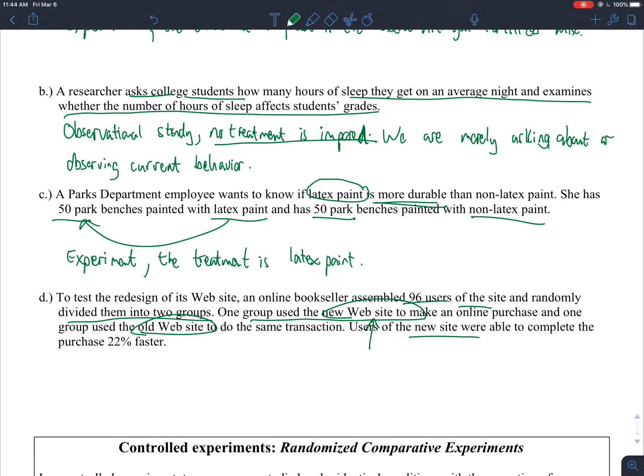That's the treatment, what I want to see if it does something. And this would be my control group, the old website, the regular situation. So this is definitely an experiment. The treatment is the new website.